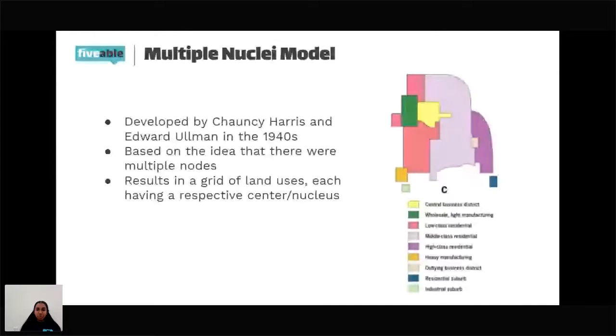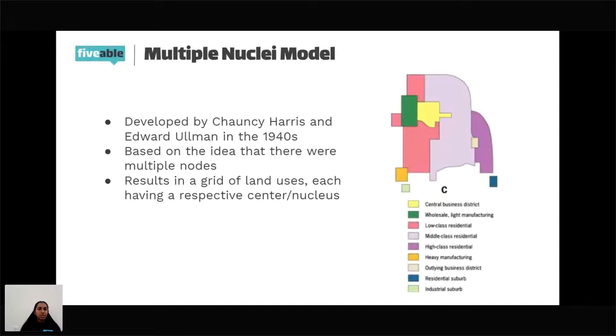So there's a central business district with industry around it and low class residential, but there's also this new concept of an outlying business district that's kind of like an edge city, as we talked about before, like a mini downtown. It's like an external CBD, and it's surrounded by the middle class and high class housing.